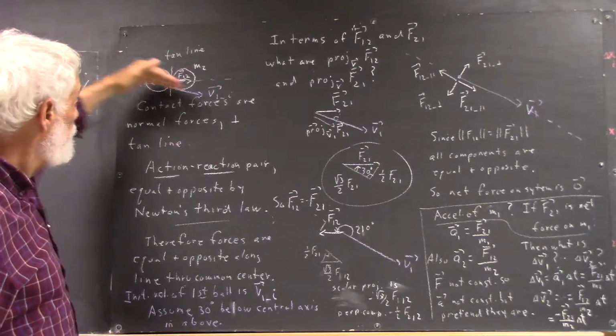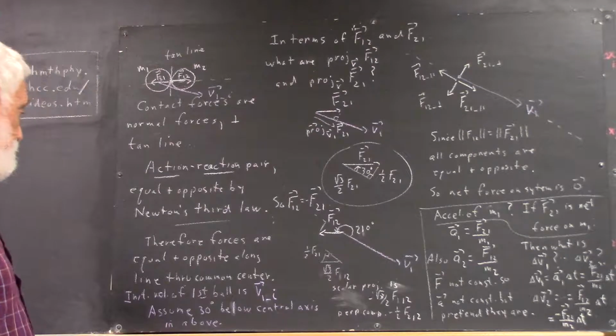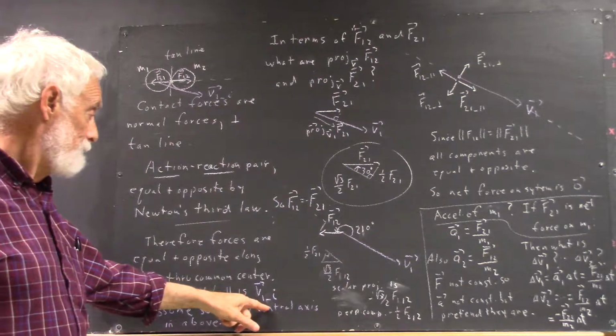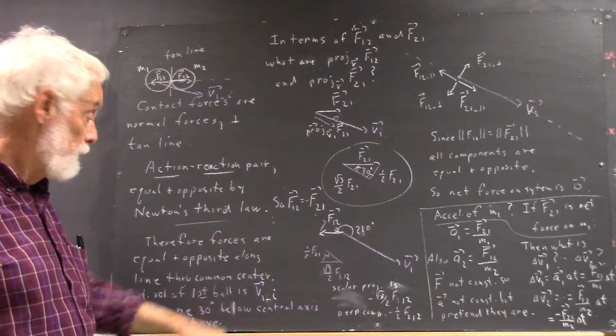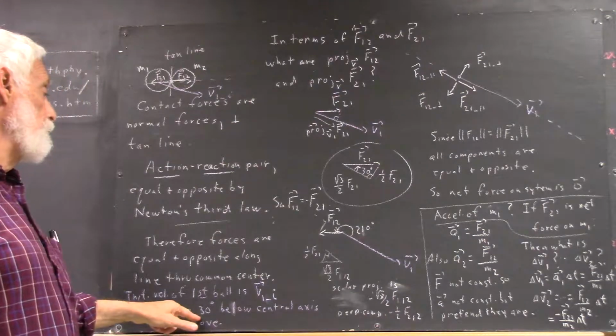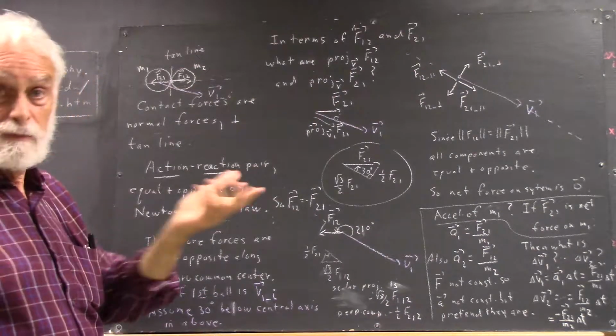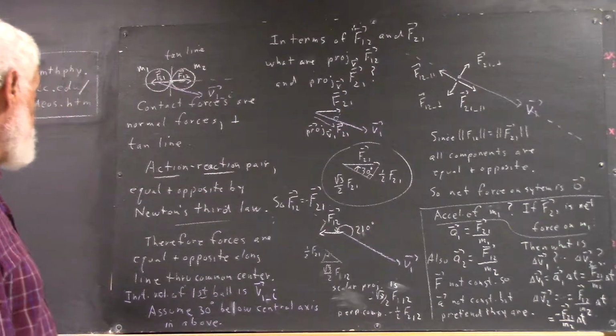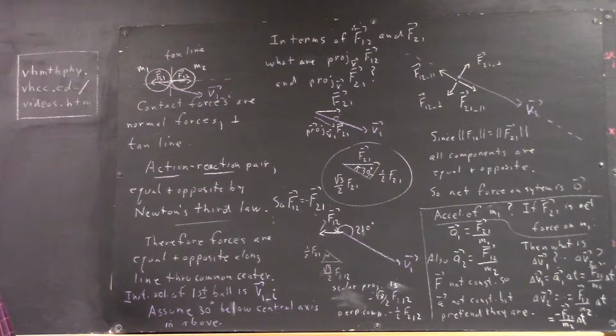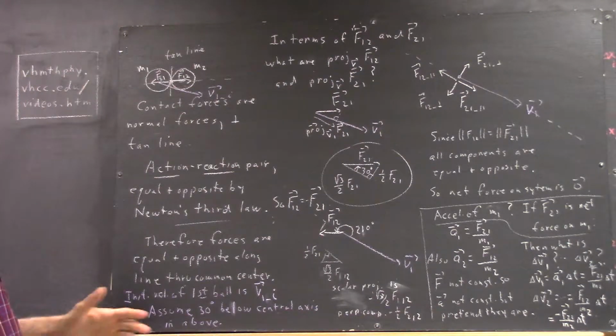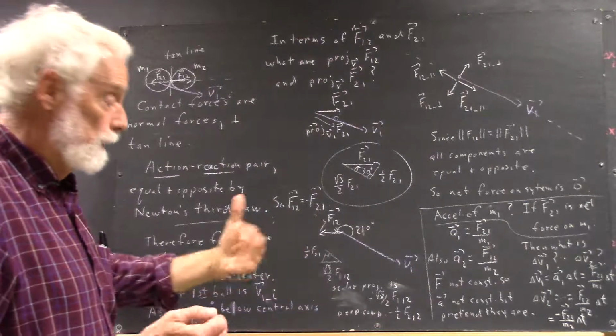That's the definition. And we're going to assume that's 30 degrees below the central axis, just for some numbers, so we can do a little bit of numerical analysis here.